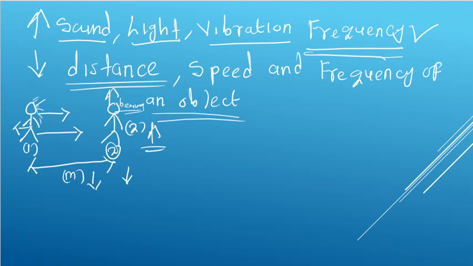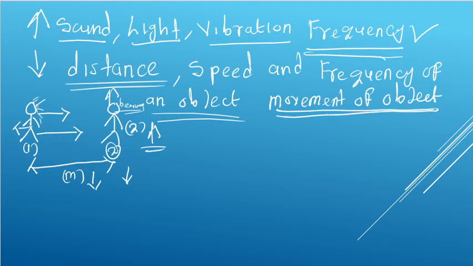Now, there are certain formulas that you're supposed to know, and these formulas depend accordingly on the movement of the object. Let me write something: movement of object. What do I mean by this particular point?